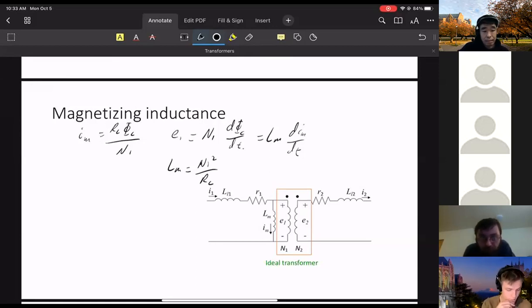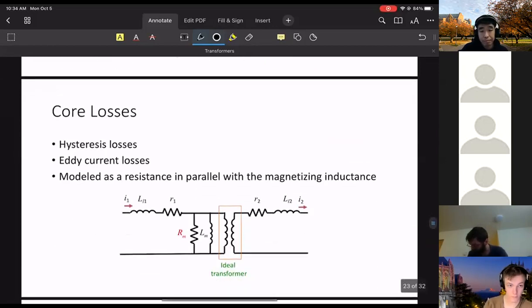Okay, so this basically relaxes the assumption that we made. The core has a permeability of infinity, and of course, whenever we have current flow, if it's not a perfect conductor, we also have something called the core loss, right?